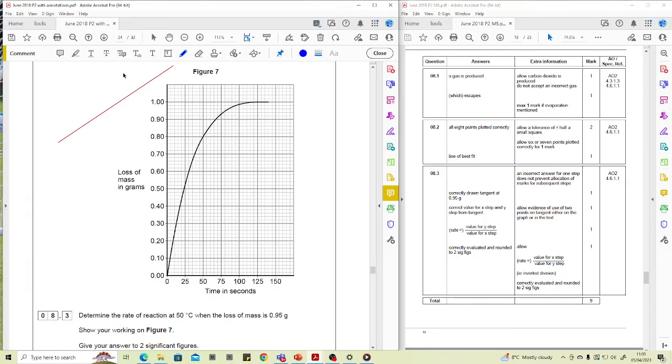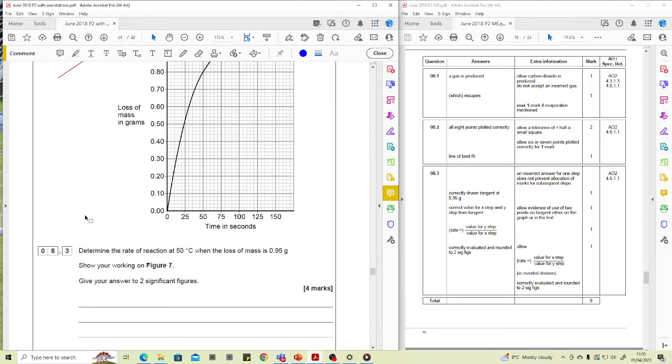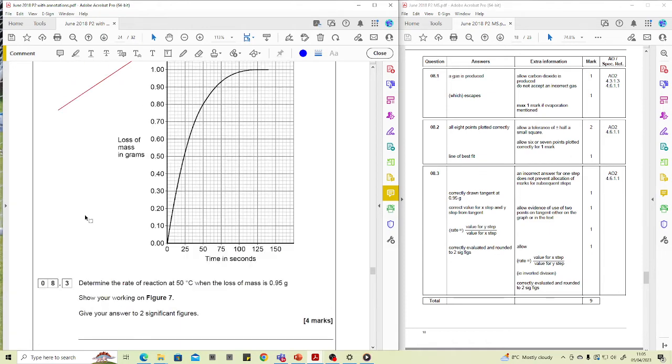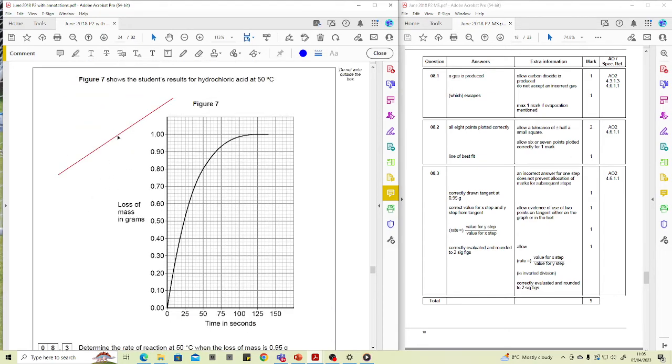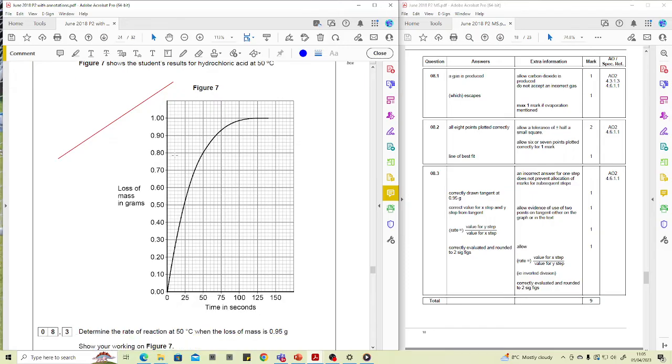So let's change to pointer, and we've got to draw a big old tangent, so let's put it in place at 0.95 grams, so that's just about here. It's going to be really hard to do on screen, but I will try my best to kiss the curve at 0.95. Okay, so drawing a line like this, it's got to be absolutely on the line, so it's going to be a little bit difficult to do on screen.